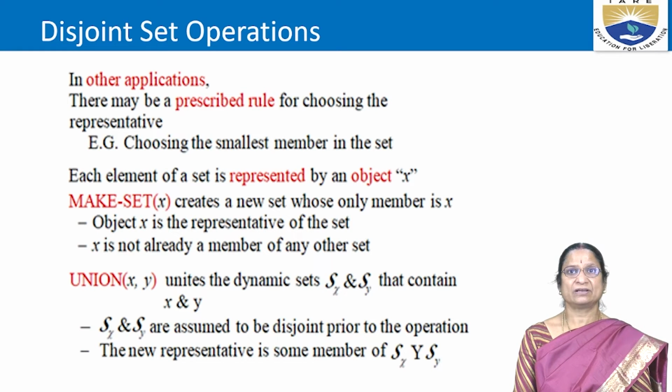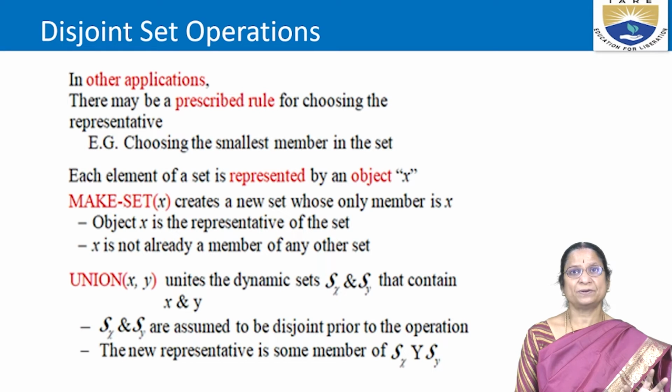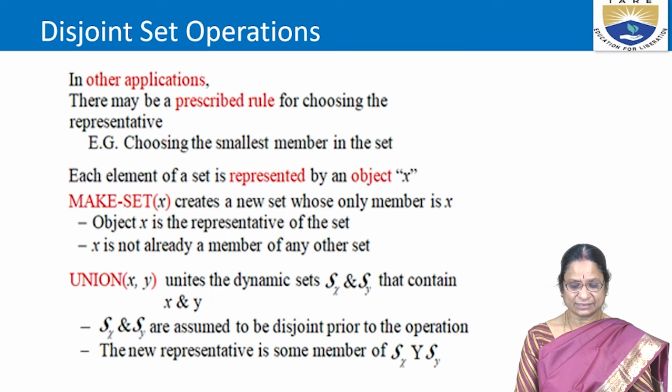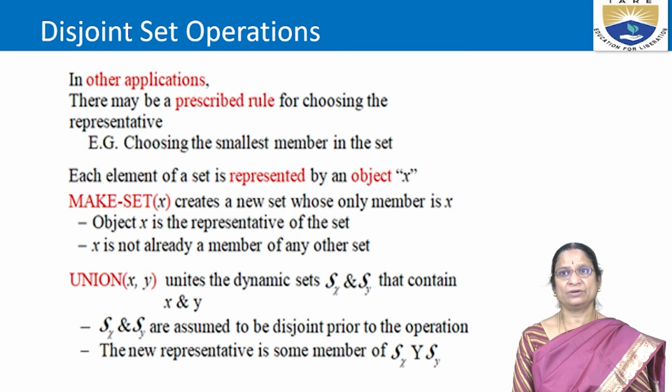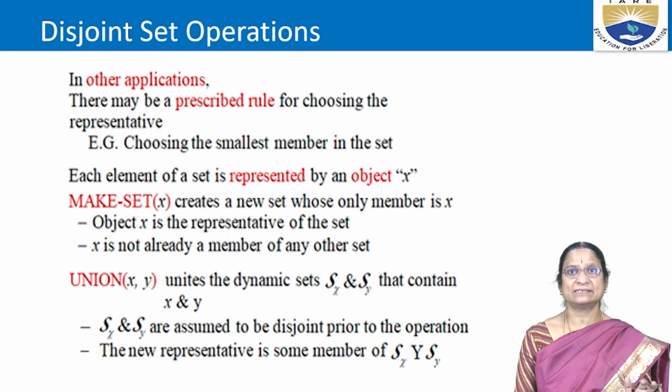Union of X and Y. In this operation, union means X is in one set, Y is in another set. X is the representative of one set, Y is the representative of another set. That means it unites the dynamic sets Sx and Sy that contain the values X and Y. But when we are using disjoint sets, we assume that Sx and Sy are disjoint sets.